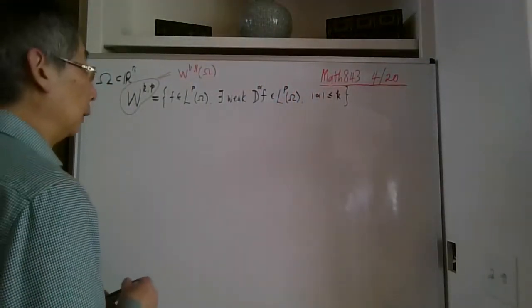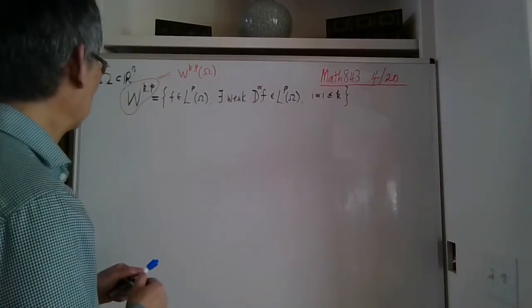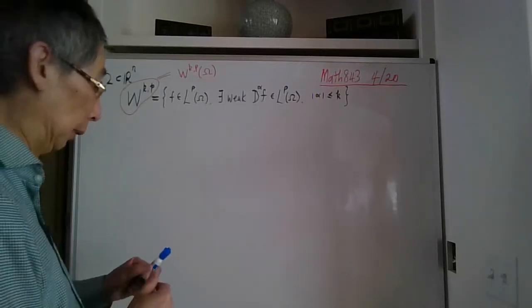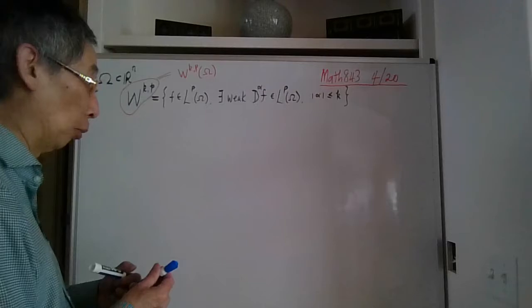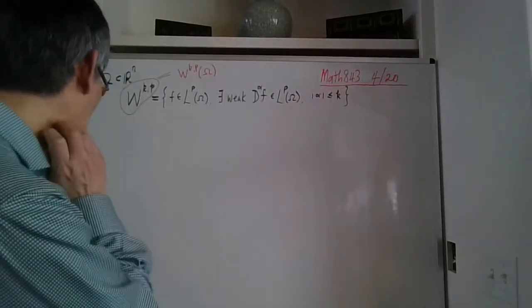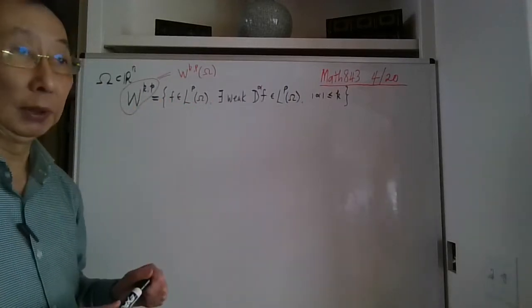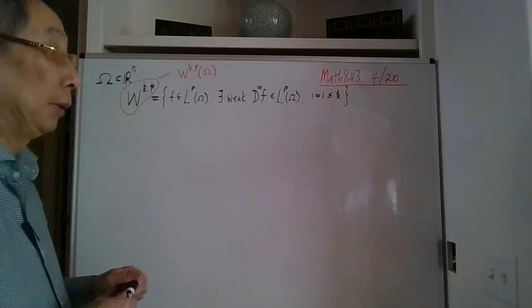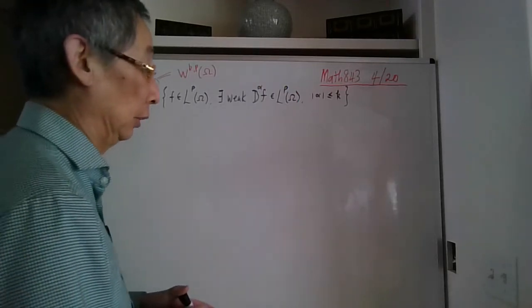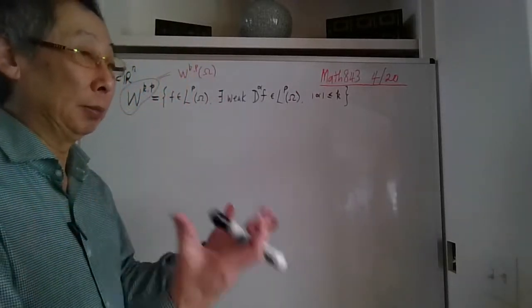All right, so let's continue. I'm going to say something else about this before I give examples. I don't know whether today there will be enough time to give more specific examples. What I'm going to say is that when you work on this space, every function is basically an LP function. Now when we deal with LP functions, sometimes it's inconvenient. An LP function is just a measurable function, and the derivative is just another measurable function.